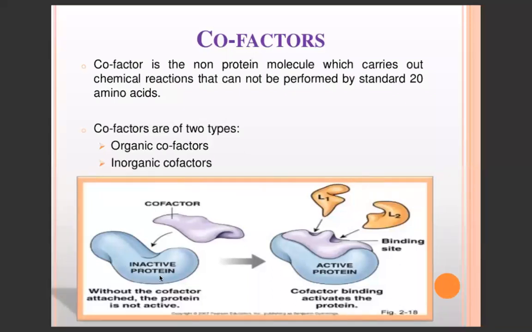Without the cofactor, it is inactive. On attachment of the cofactor to that inactive protein, it becomes active. Now it can do its job. By attaching the substrate, it can form an enzyme substrate complex, and then the enzyme substrate complex changes into its product.